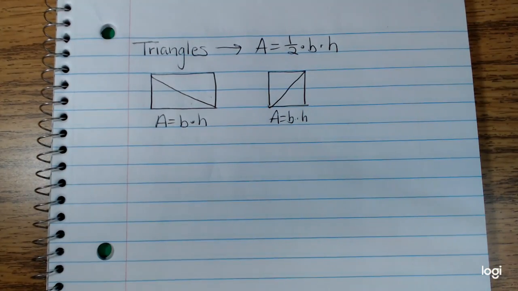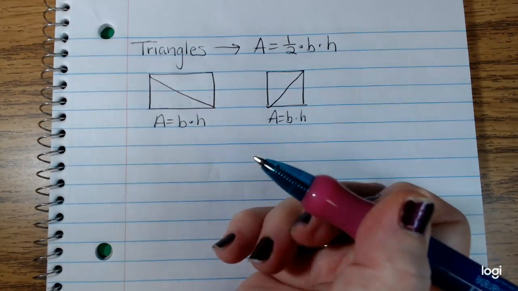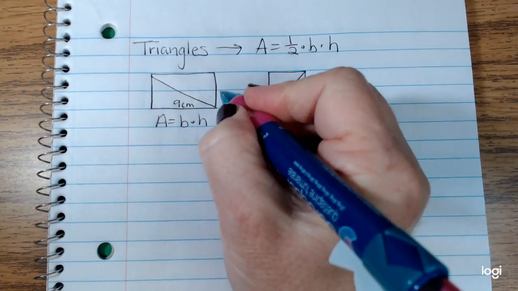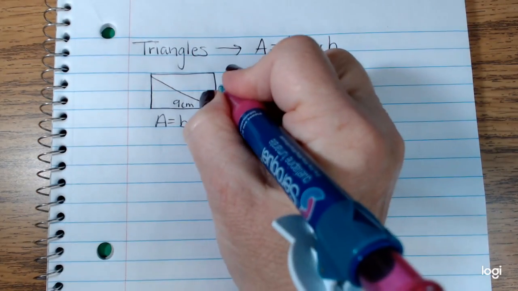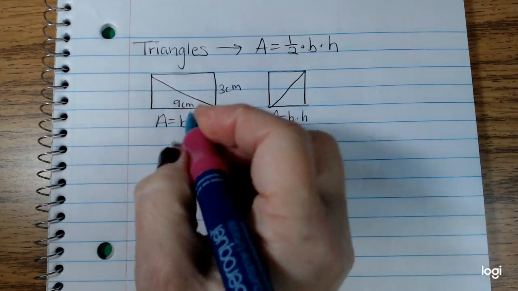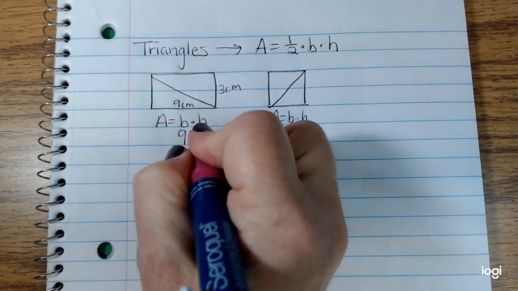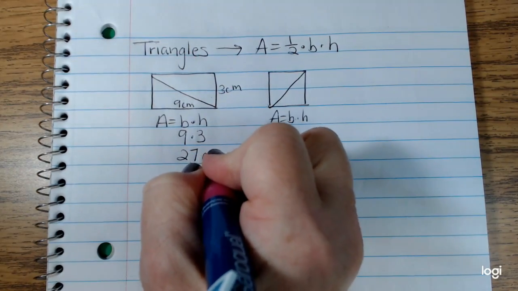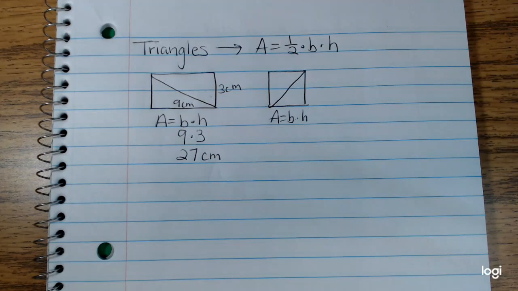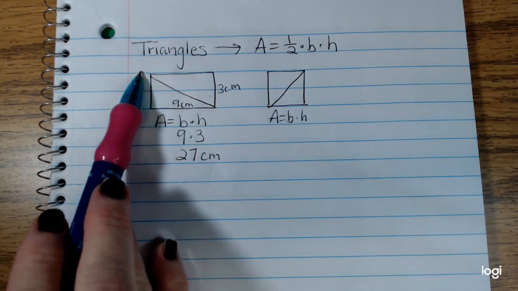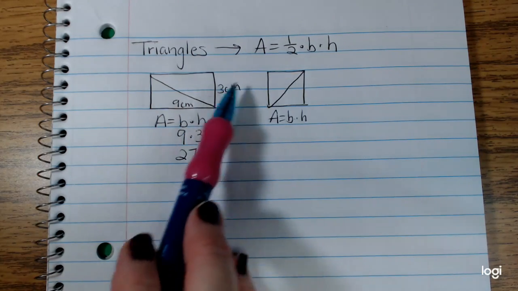So if I look at my rectangle here that we've drawn, and we label this 9 centimeters, and we label this, let's say 3 centimeters, the area of my rectangle would be 9 times 3, which we know is 27 centimeters. If I want to find the area of the triangle, I already know that the triangle is half of my rectangle.